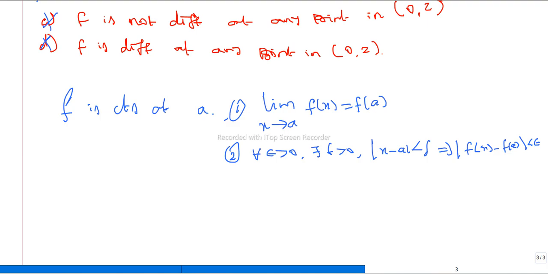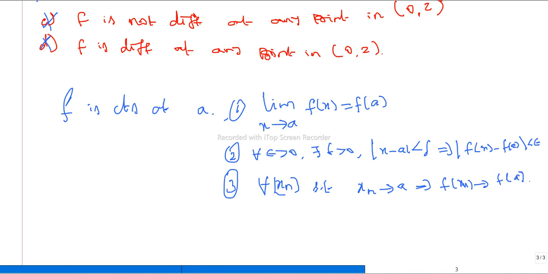This is another definition. And then the sequence definition is very useful. If you take any sequence xn that converges to a, it implies that f of xn converges to f of a.